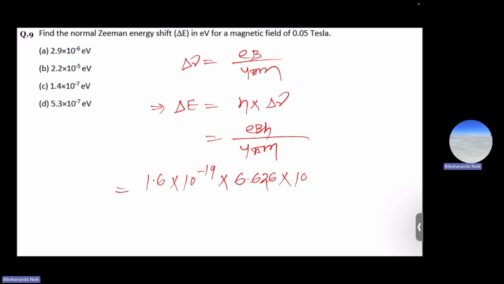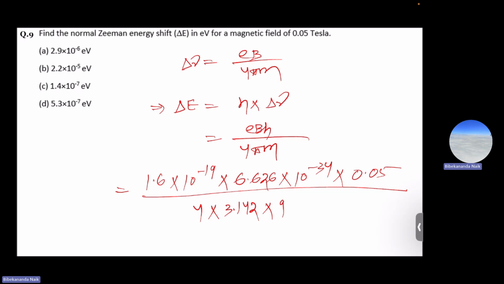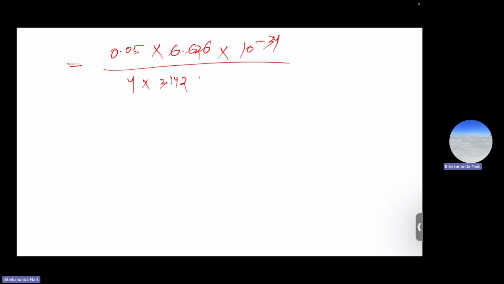So it is 6.626 into 10 to the power minus 34 into 0.05, divided by 4 into 3.142 into 9.1 into 10 to the power minus 31.